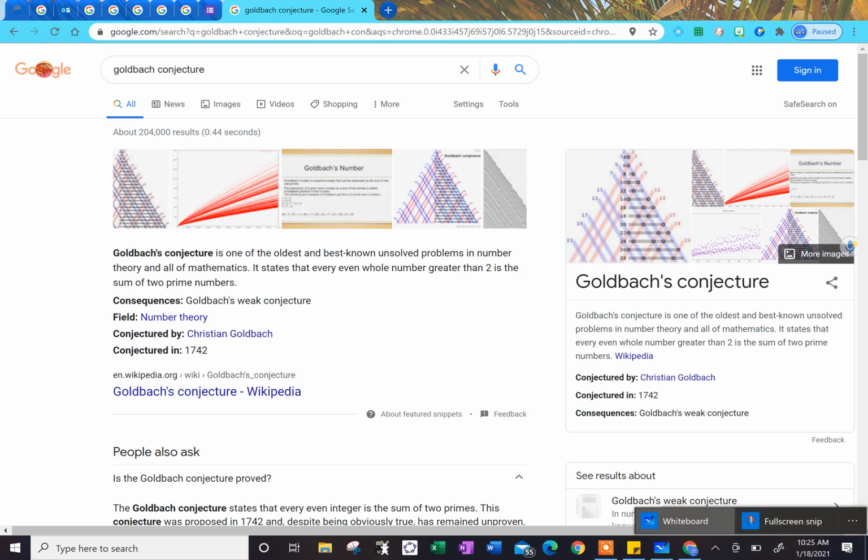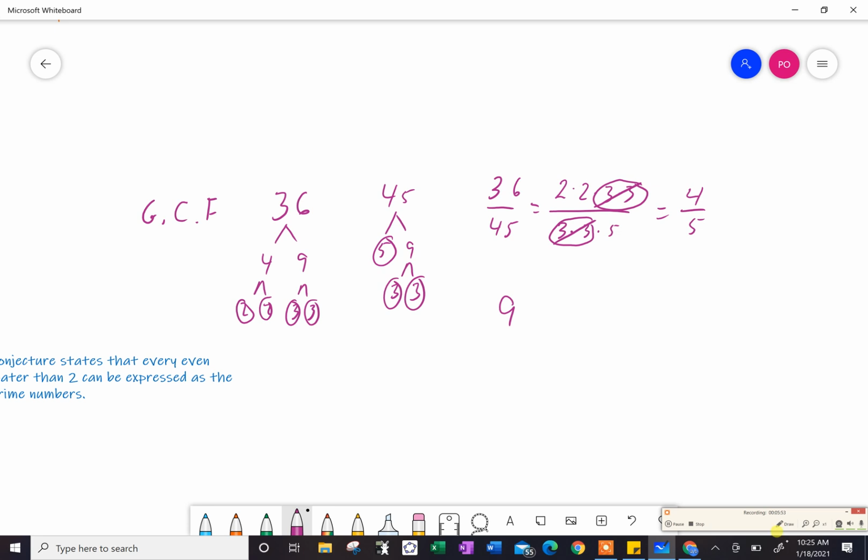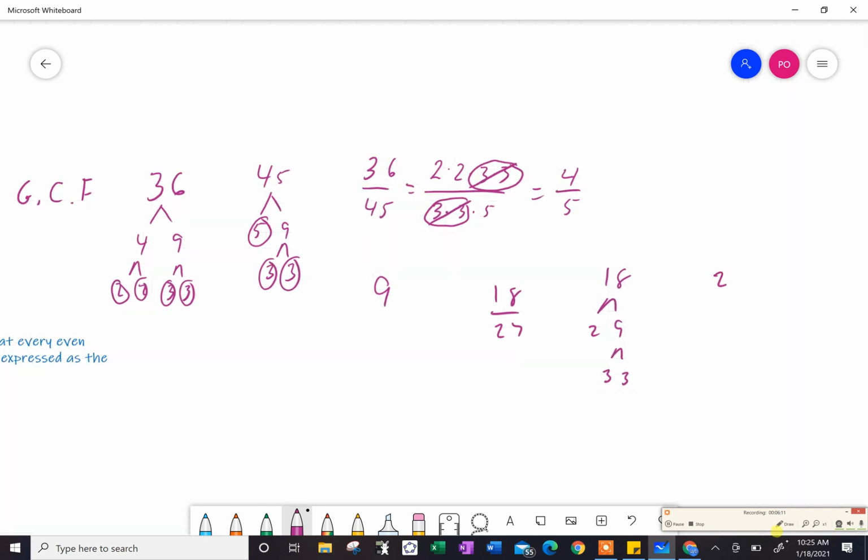And I was looking at the Goldbach Conjecture, and we will get to that. So if I want to do something like 18 and, let's say, 27, once again, I'd say, all right, well, I know that 18 can be written as 2 times 9, and that's 3 times 3, and then 27 is 3 times 9, and that's 3 times 3.